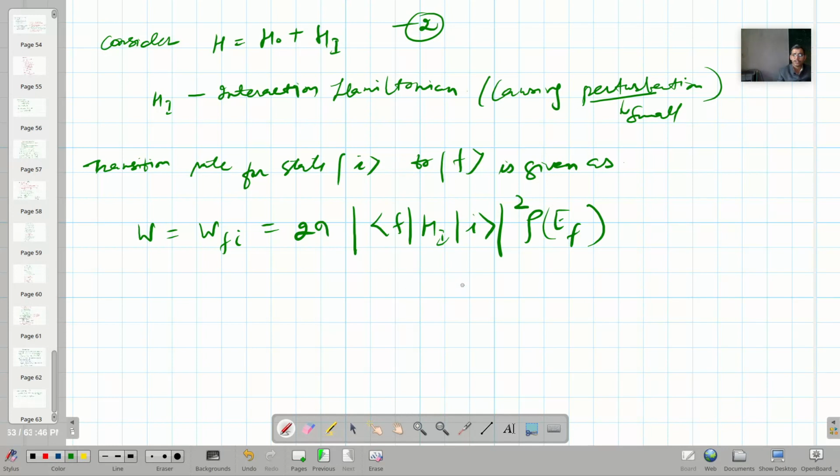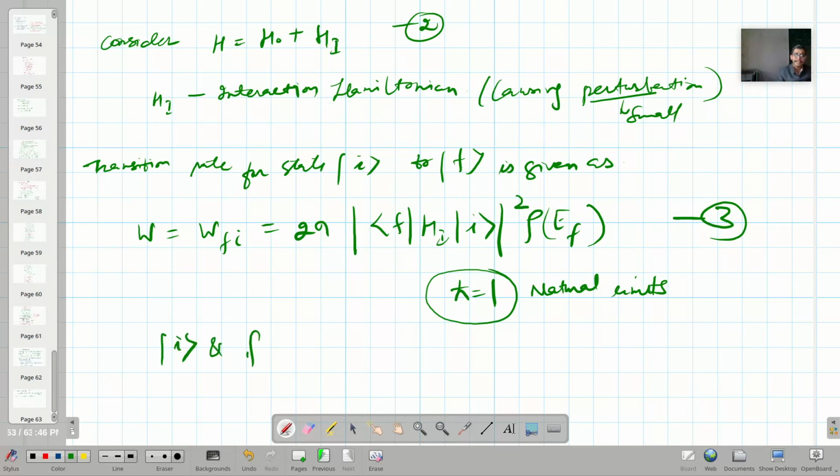Here we have not used h cross because h cross is equal to 1 in natural units, which we used in equation number 1. So this equation is according to equation number 1. I and f are eigenstates of h naught.